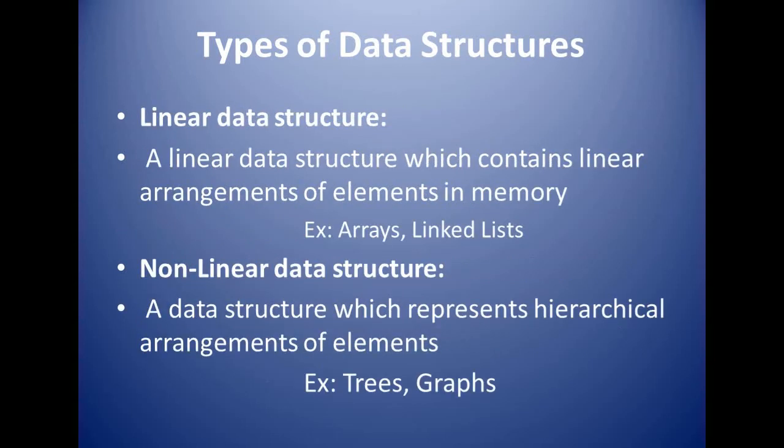A linear data structure is the orderly arrangement of elements in memory. The examples of linear data structure are arrays and linked list. Non-linear data structure is a data structure which represents hierarchical arrangements. So what do hierarchical arrangements mean? Examples are trees and graphs; everything comes under the non-linear data structure.